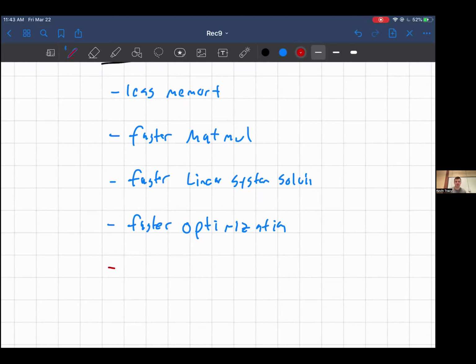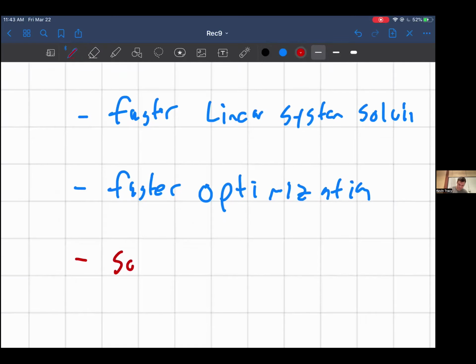Downside: the only real downside I'll say is that you have to specify the sparsity pattern.